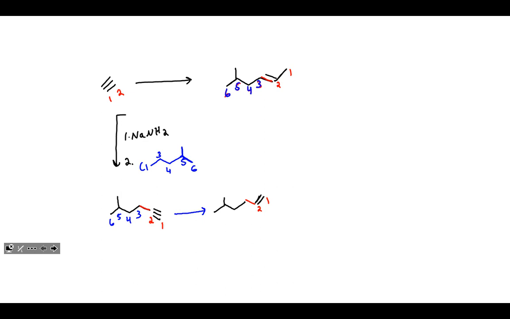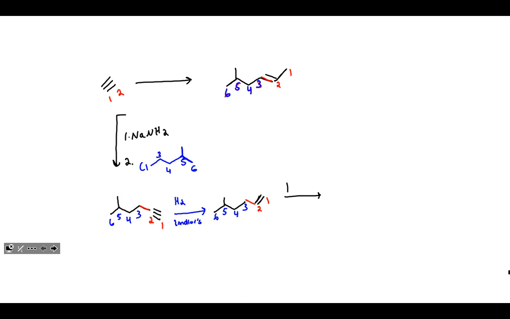Lindlar's catalyst is probably a little bit easier to work with because, again, Na metal is pretty rough to work with sometimes. But technically you can go through either because that's neither a cis or a trans double bond. But now we have a more substituted double bond on carbon 2, and now we can do what we've been doing in all the other examples. But notice that this is taking more steps than the other route I showed.